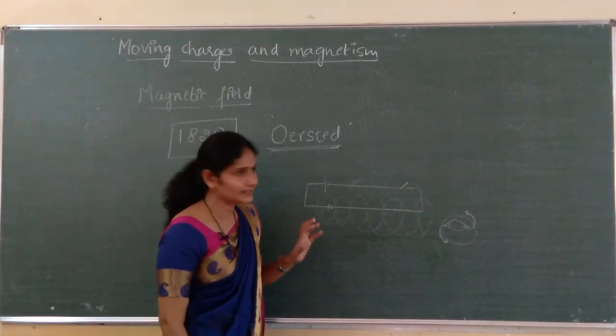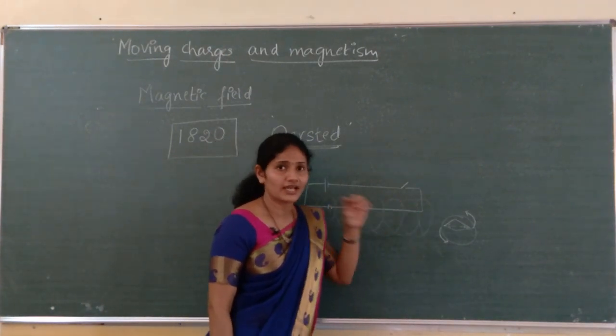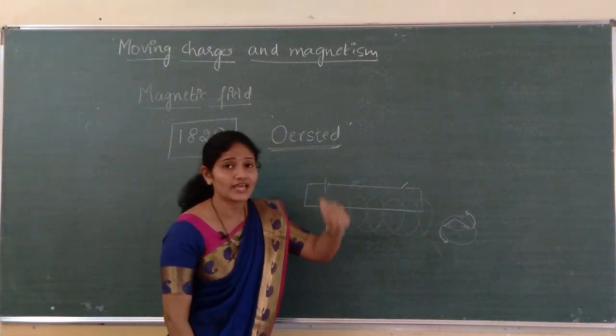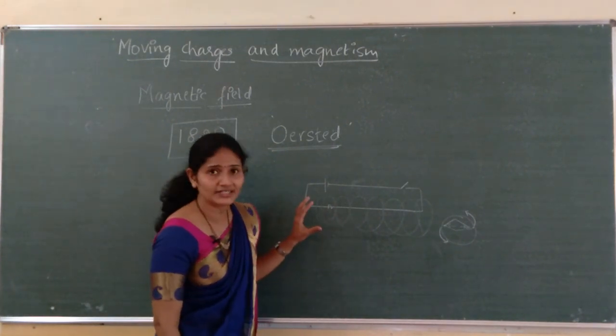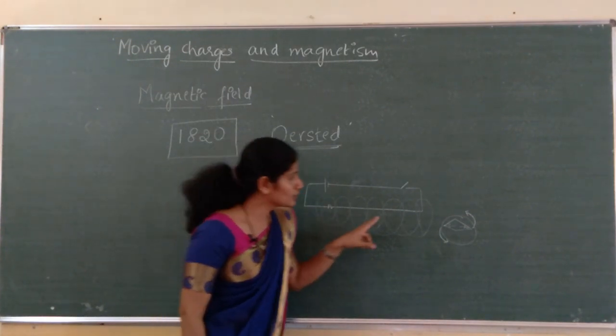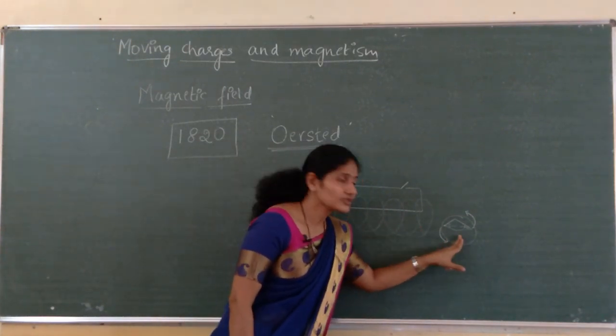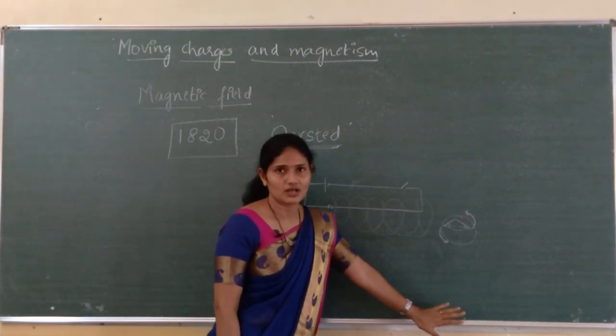So whenever charge flows through the conductor, around the conductor we have a magnetic field. Due to that field, this magnetic needle shows deflection.